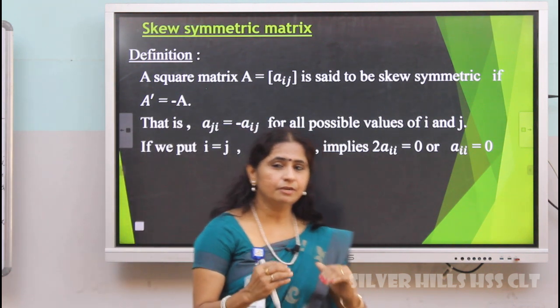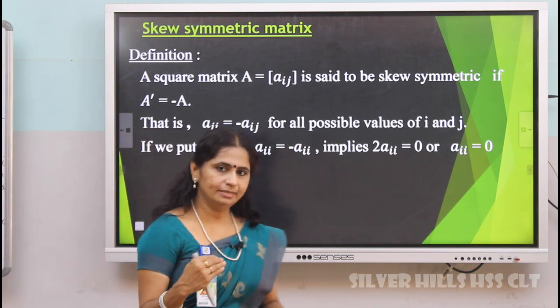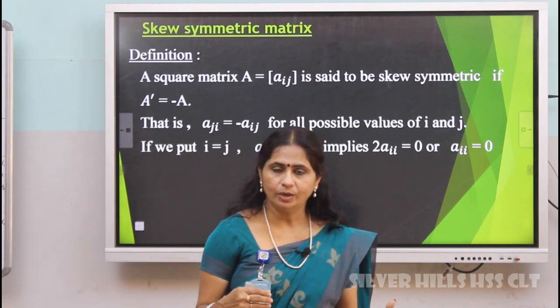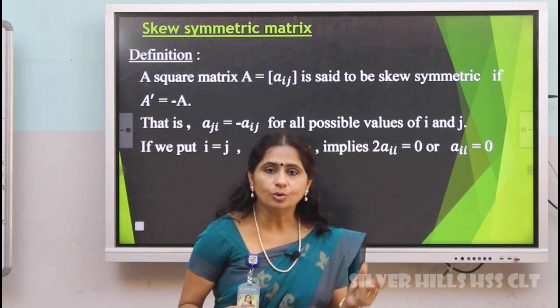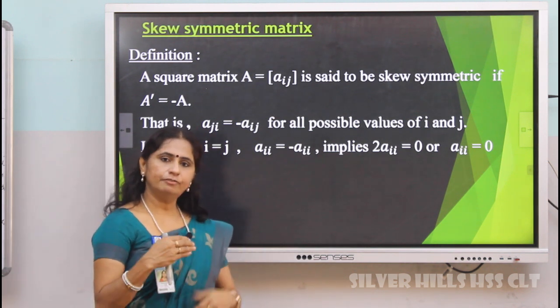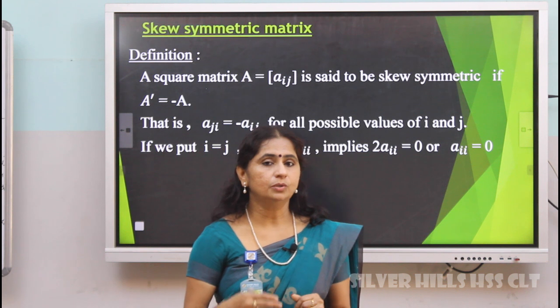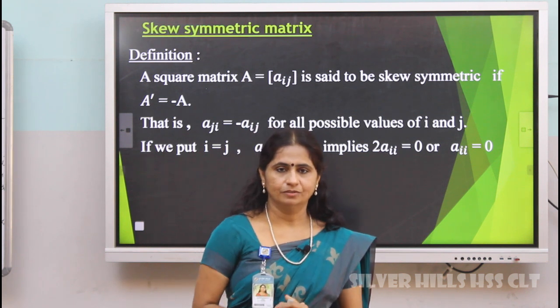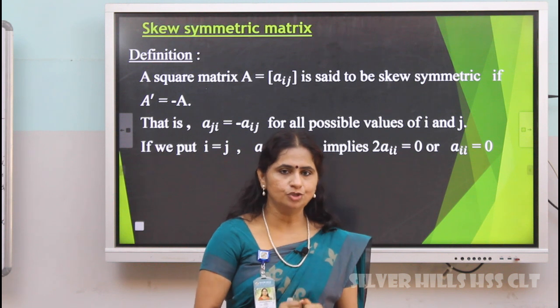I'll give a small explanation for this. When I say diagonal elements, it is A11, A22, A33. Why are all those entries 0? Because as per the definition of skew symmetric matrix, Aij is equal to minus Aji. So, for diagonal elements, we know that i is equal to j.